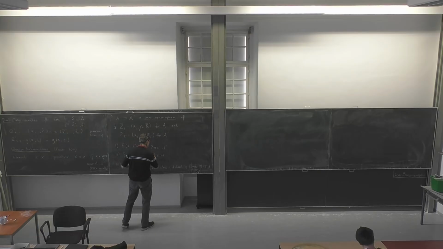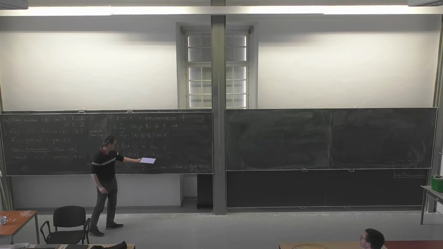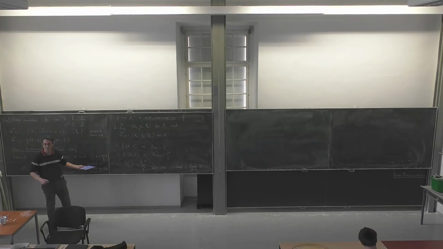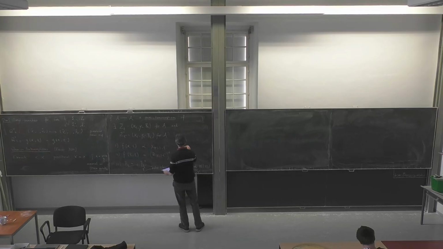So let me write that. So there's a signature. I could allow myself to invert the edge variables. And if I invert the edge variables, I have to correspondingly flip the sign of the B matrix. So epsilon can be plus or minus 1.